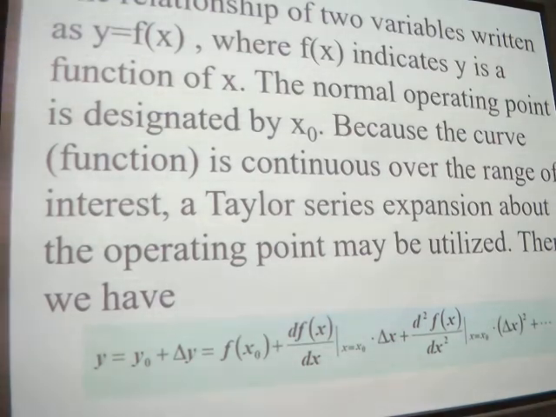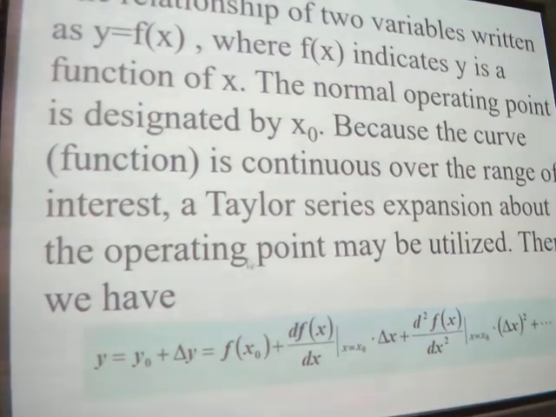Now, the relationship of two variables is written as y equal to f(x), where f(x) indicates y is a function of x. It is very easy. The normal operating point is designated by x0. Because this function is continuous over the range of interest, a Taylor series expansion about this operating point may be written.